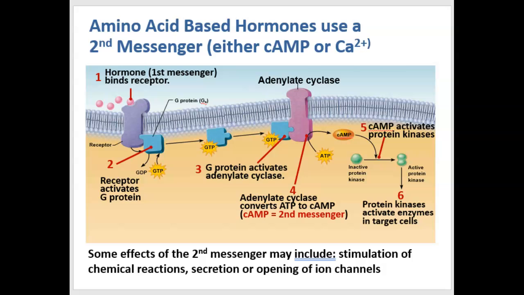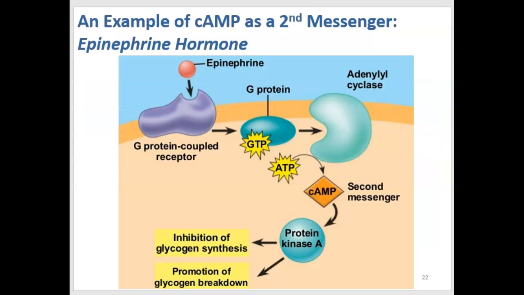Here's one example that's a little bit more concrete for the G protein linked receptors that amino acid based hormones use. And we're going to use the hormone epinephrine. Okay, so epinephrine is an amino acid based hormone. It binds to a cell surface receptor because it can't get across the membrane.